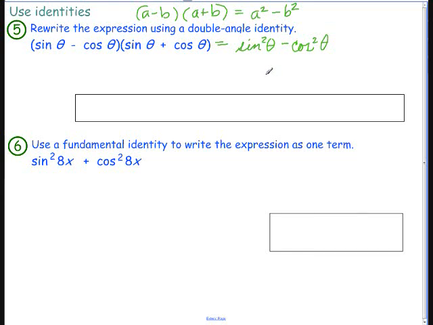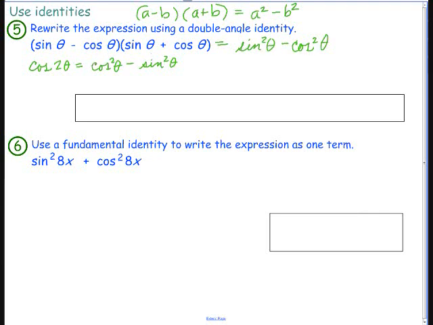That's strikingly familiar to me. Didn't we have cosine 2 theta was equal to cosine single theta squared minus sine single theta squared. So this is very similar. What would I need to do in order to get this?